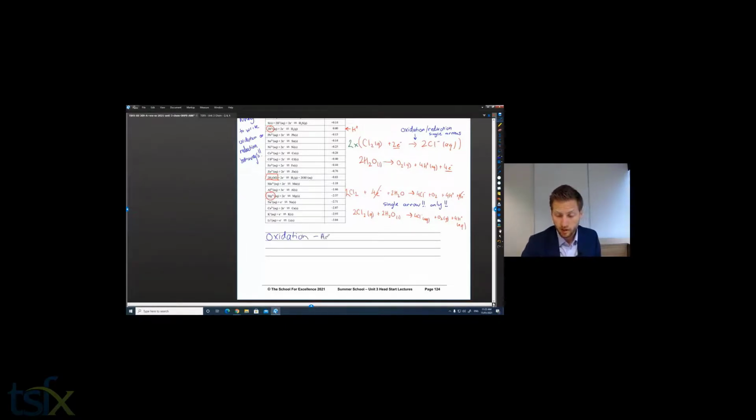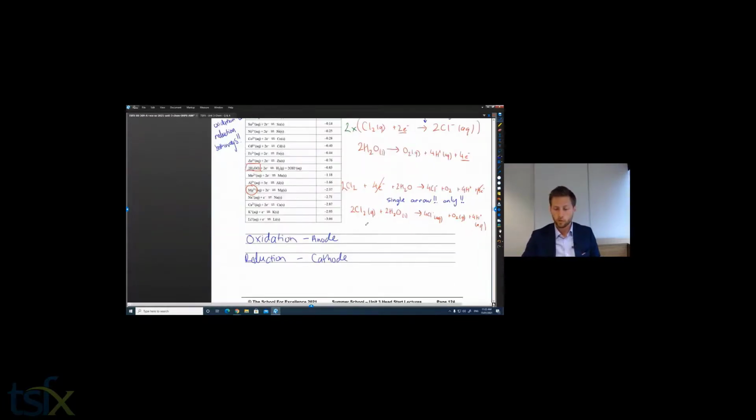Oxidation is at the anode. And reduction is at the cathode. So what's occurring at the anode? Awesome. So chlorine. No, it's not occurring at the anode, is it? Chlorine's at the cathode. There we go. So chlorine reduced to 2 chlorine minus at the cathode.